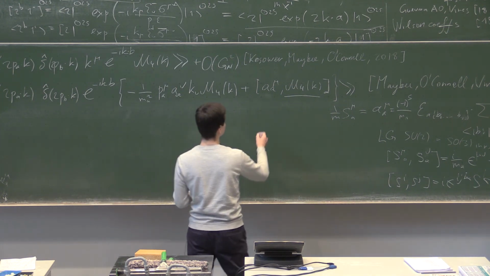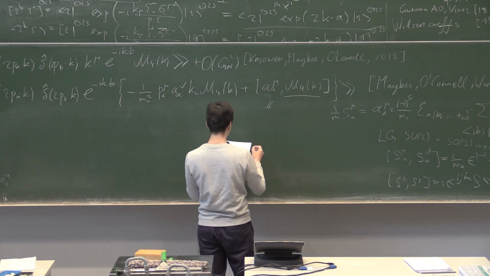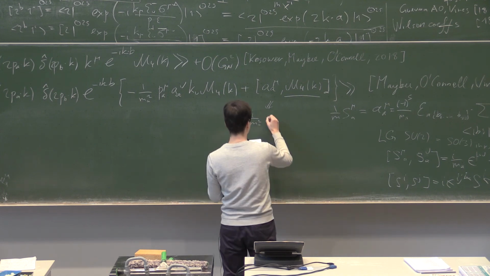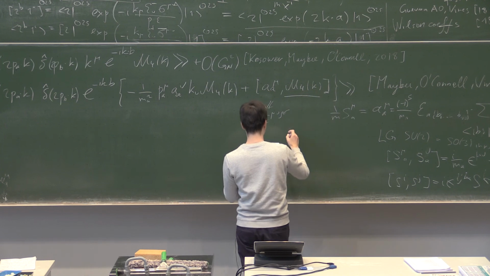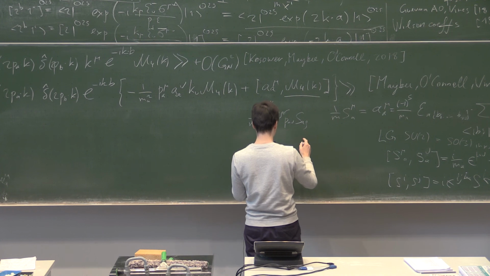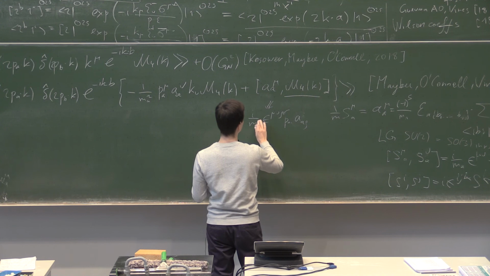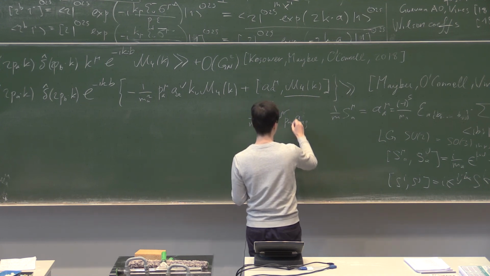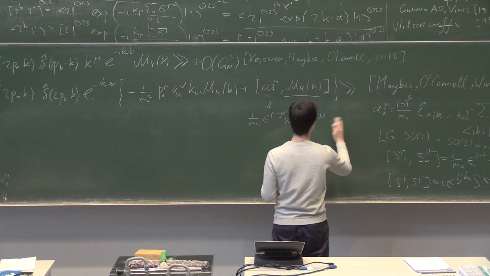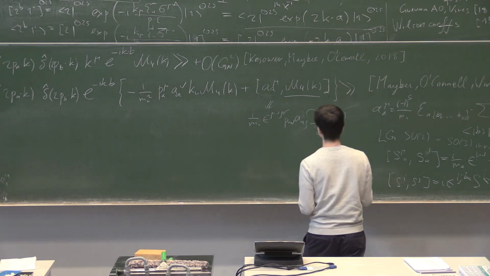Well, that lets us actually massage this into something like i over m squared epsilon mu nu rho sigma p_a nu S_a rho, and then a partial derivative over spin.